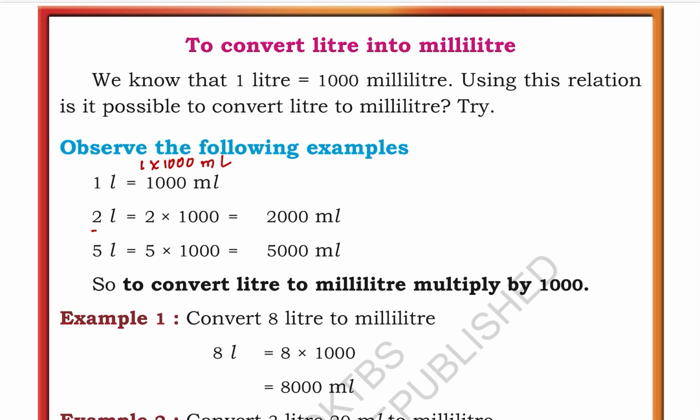Whenever you convert anything from a bigger unit to a smaller unit, see how many millimeters make 1 centimeter? 10. So 1 centimeter is equal to 10 millimeter. 2 centimeter is equal to 20 millimeters. There you are multiplying by 10 between centimeter and millimeter.